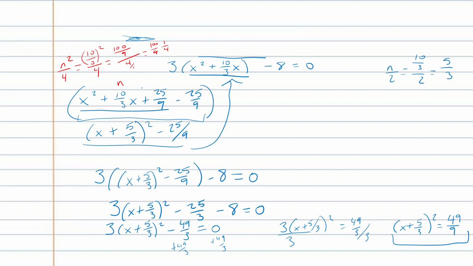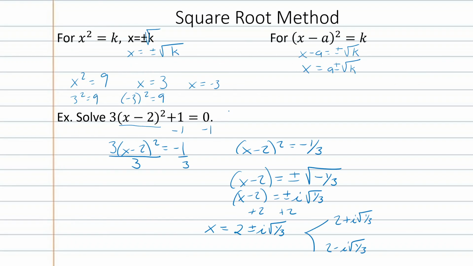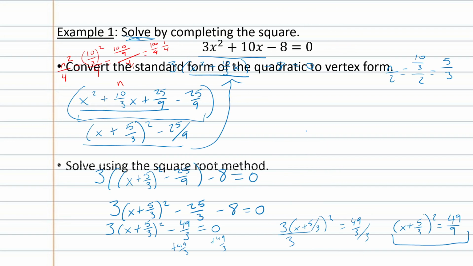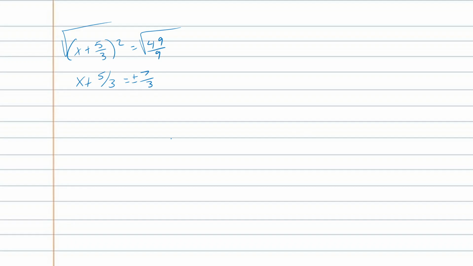You have to add in that plus or minus, just like we did on this one where we had the i, we had a plus or minus. So now we're going to subtract 5/3 over to the right-hand side so that we get x equals negative 5/3 plus or minus 7/3.